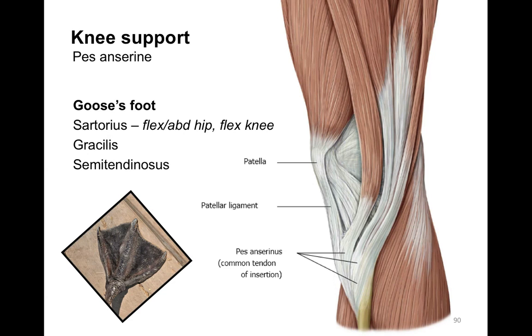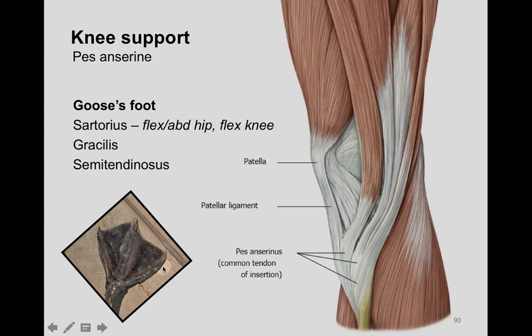And another level of support to the knee are the following muscles that cross the knee together as a group that attach onto the common tendon of insertion of the pes anserine. So pes anserine is going to stick in your mind as a grouping of 3 muscles, because 3 muscles coming together into a common tendon would remind you of a goose's foot.